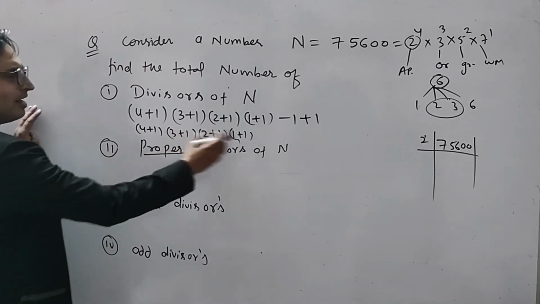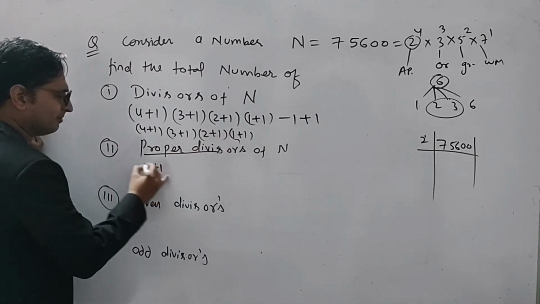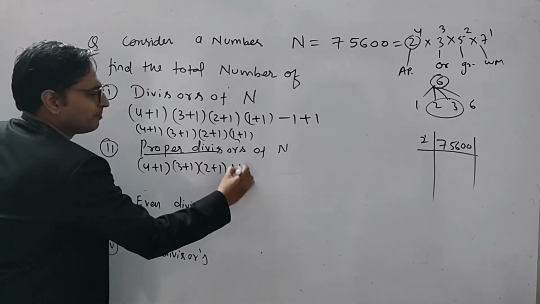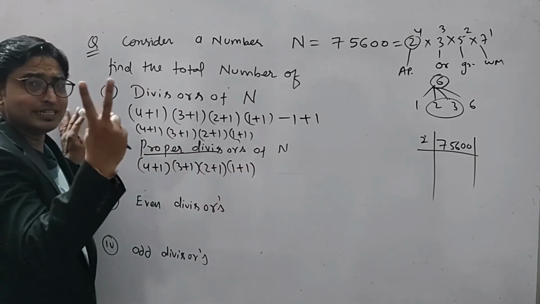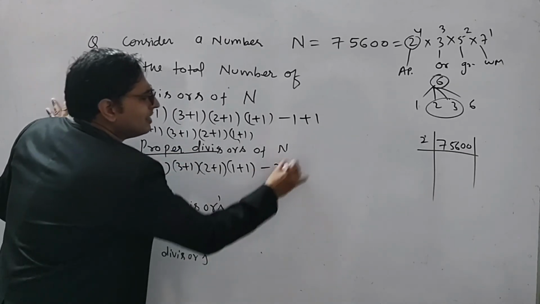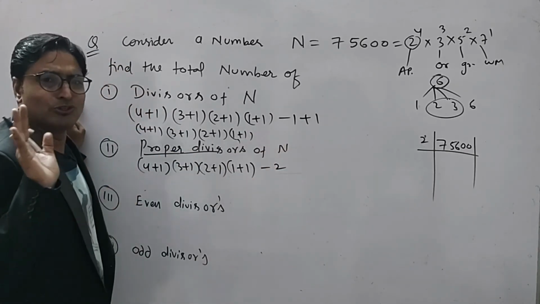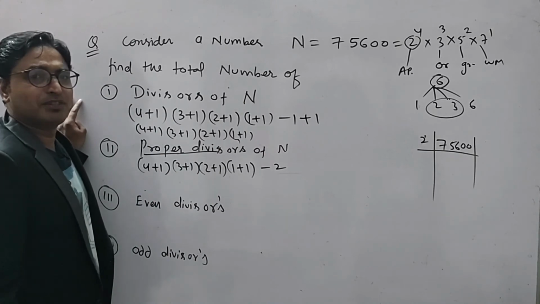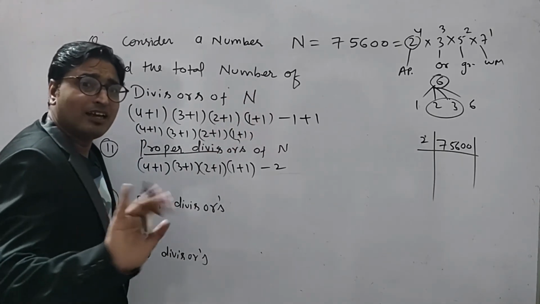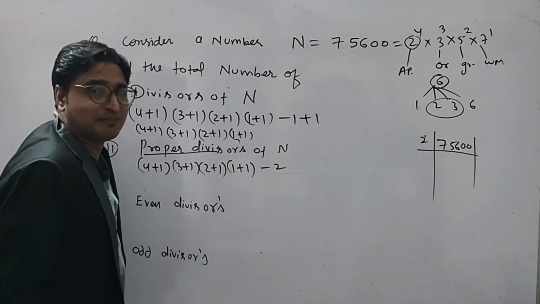So out of these total divisors, we have to reject two divisors, that is the number itself and 1. So just subtract 2. You will get the proper divisors, because you have to reject the number itself and 1.